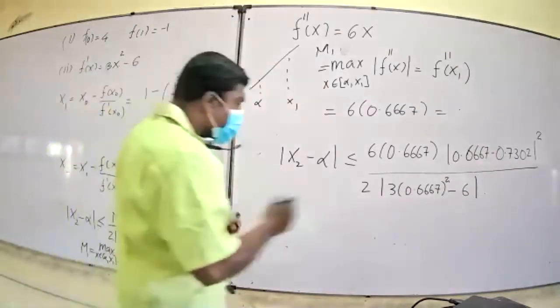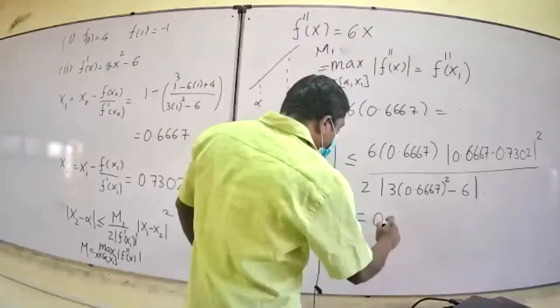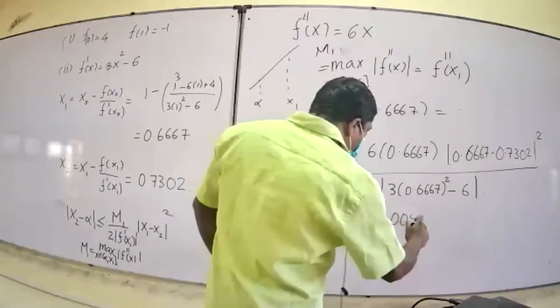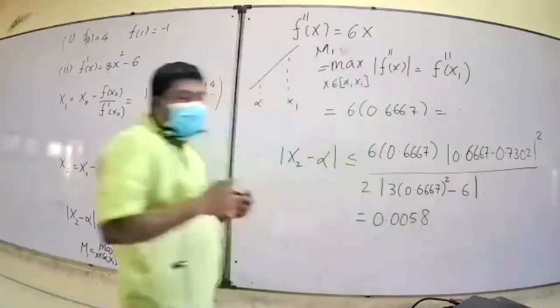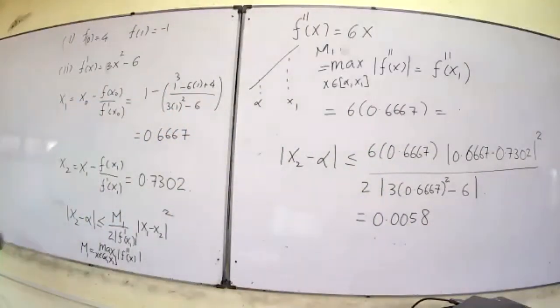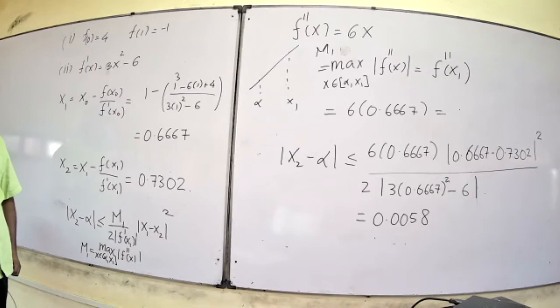So I believe you will get something like this, 0.0058, right? So you can check these computations by just using a calculator. If the number is wrong, you can change the number and do the calculations correctly, right? If this is the value, then that is clear, right?